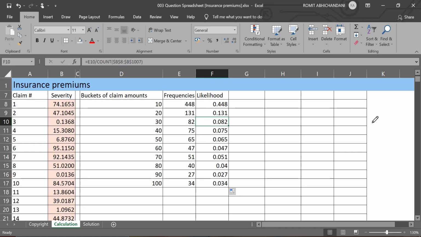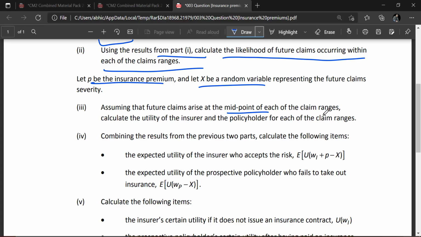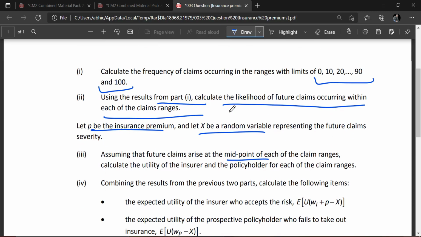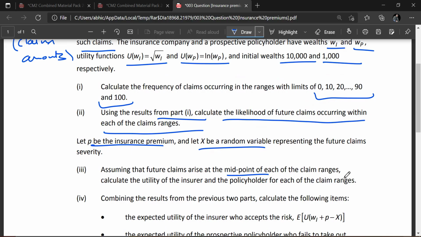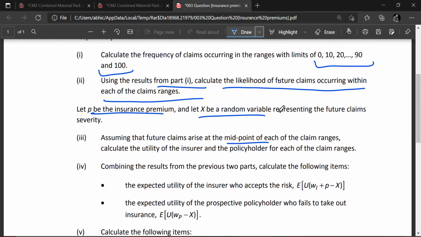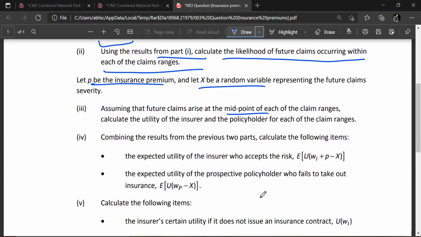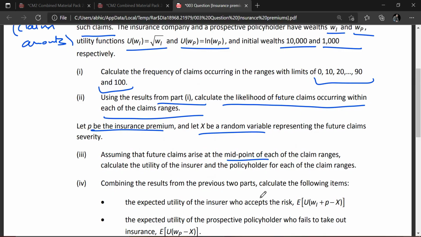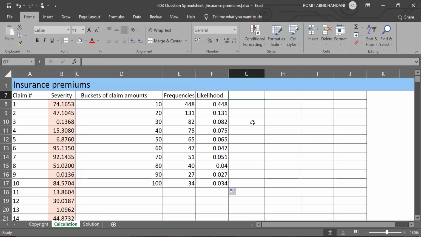Okay, so we want to find the utility of the insurer and the policy holder if they take insurance. So let me do it for the insurer and the policy holder. Okay, and we are trying to find the utility.